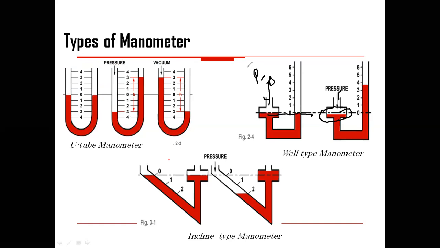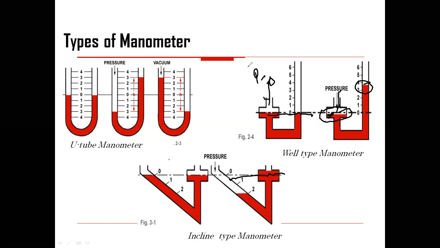When you apply a larger pressure at the well, the movement of the liquid there is minimal, but it is maximum in the smaller leg. We are trying to determine this difference, and similar is the case with the inclined type of pressure measurement.